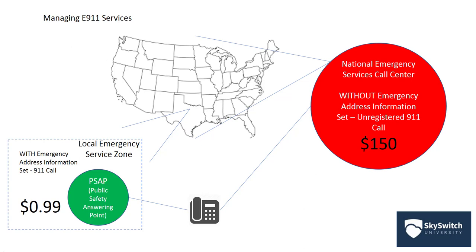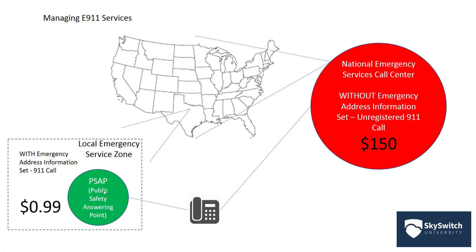As you look at this screen here, you'll notice that I'm pointing out two types of 911 emergency calls. When you have the emergency address information set up properly on a number in Manage DIDs, and then on the user, you have the 911 caller ID field set up with the number, and they make an outbound 911 call, it's going to go to the local PSAP, which is the public safety answering point in the 911 system.